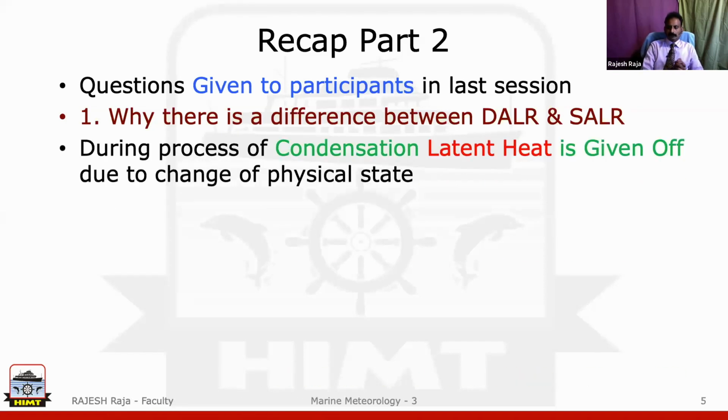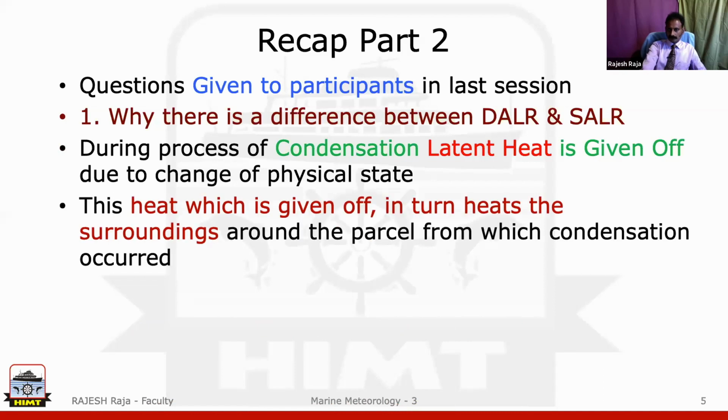Please remember the process of condensation. Condensation means change of water vapor into your liquid state. So during that process, always latent heat is given off due to physical change. So this heat, what it does is it heats up the surroundings as well.